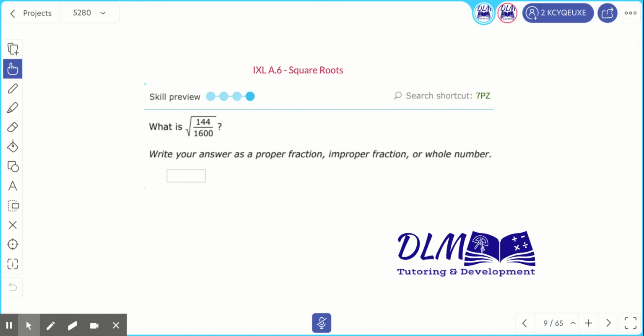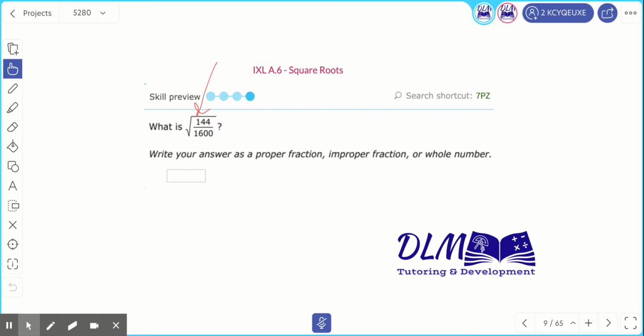So then, when we look at this example, we see that there's a fraction under our radical. Again, we're going to call this thing right here a radical, R-A-D-I-C-A-L, radical. Underneath this radical, we see there is 144 1600ths.